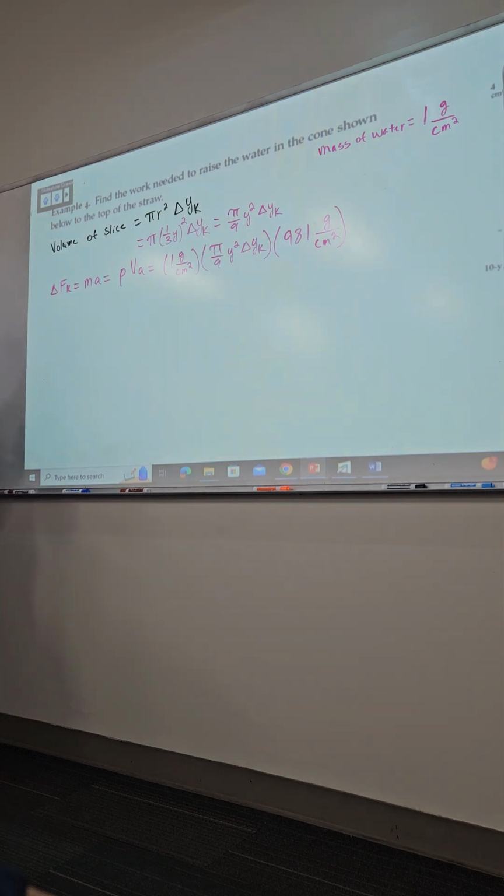We're used to 9.81 meters per second squared, but because it's in grams, or centimeters, you have to move that decimal place over twice, 1, 2. That's going to give me 981 centimeters per second squared. You have to do that.